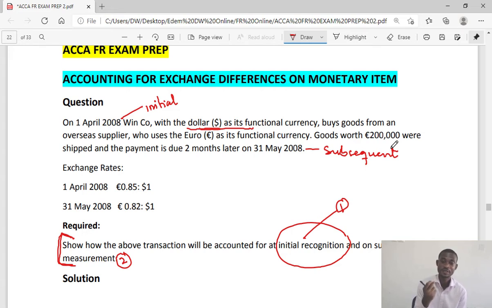So if a transaction value is quoted in euros and you have to convert to dollars, you need more of the dollar. So you cannot multiply. You have to divide the quoted euro value by the exchange rate to give you more of the dollar.